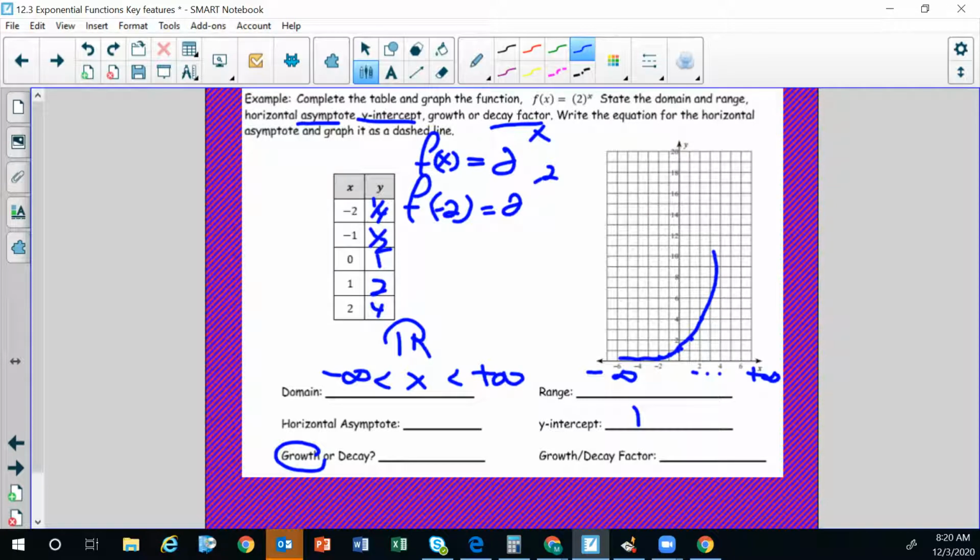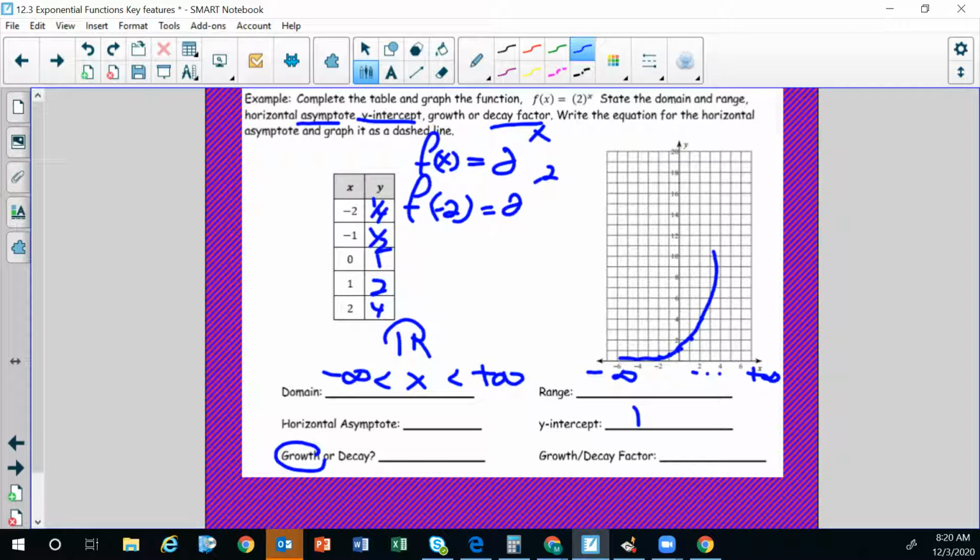Okay? Now, for this class, Algebra 1, if you're given an exponential function like this, the domain is always all real numbers, unless they put a restriction on it.